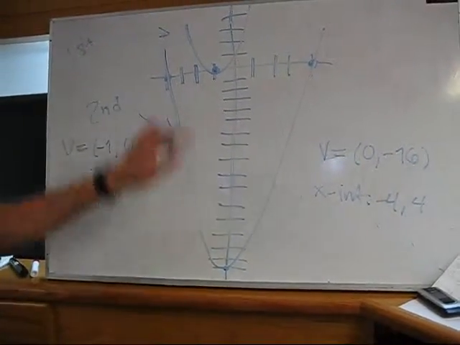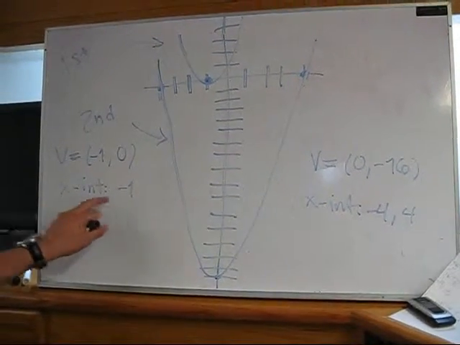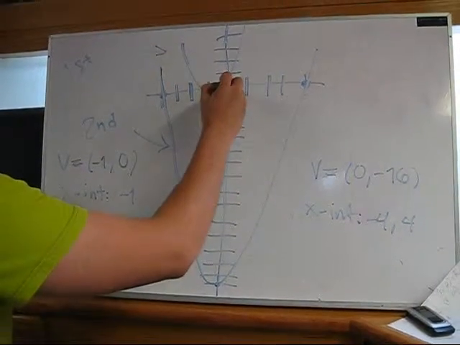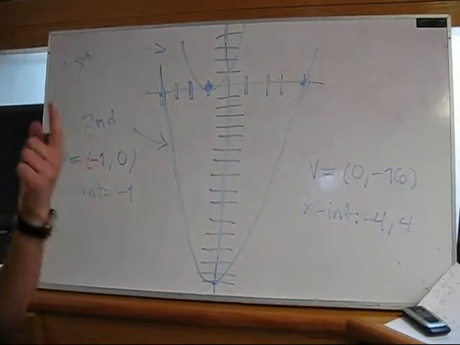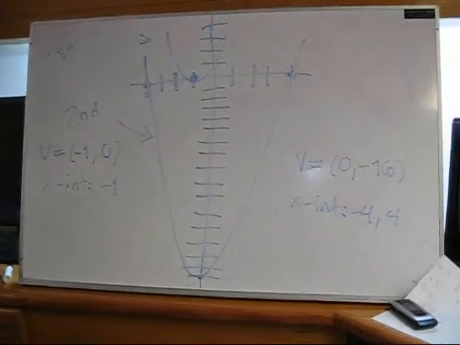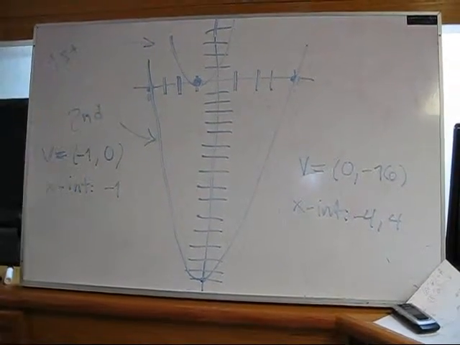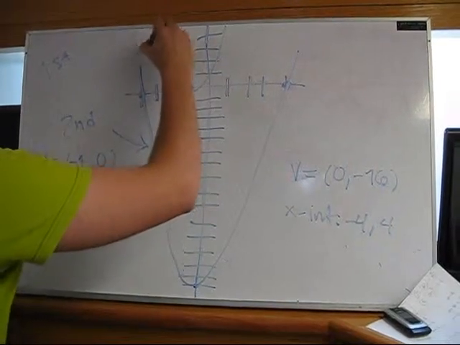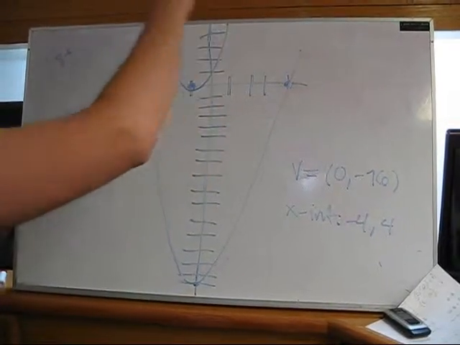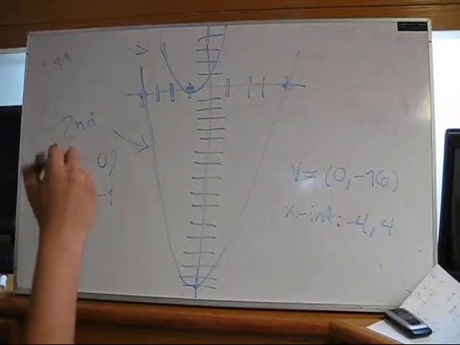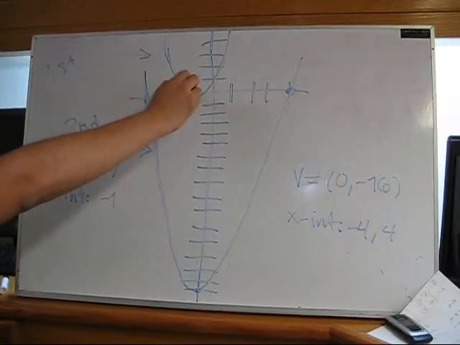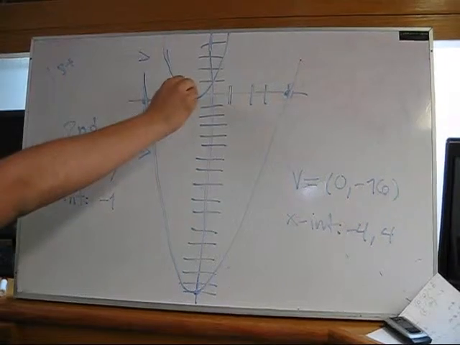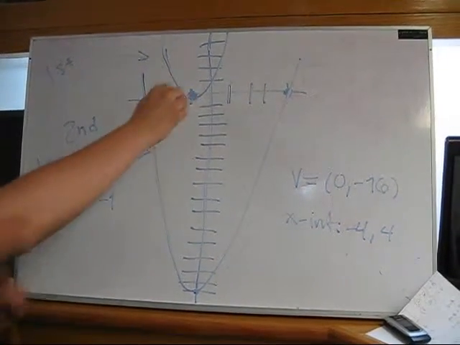For the first one, you plot the x-intercept, in this case negative 1. You just have one x-intercept, so you calculate more or less the direction of the parabola and plot it. Then you plot the vertex, negative 1 comma 0. It's the same point as the x-intercept.